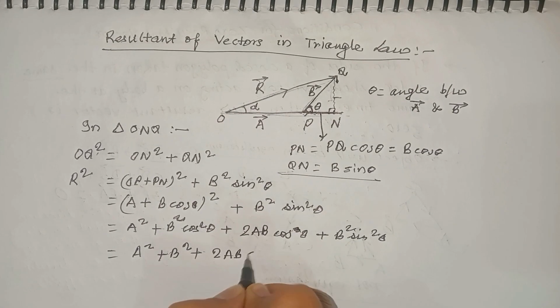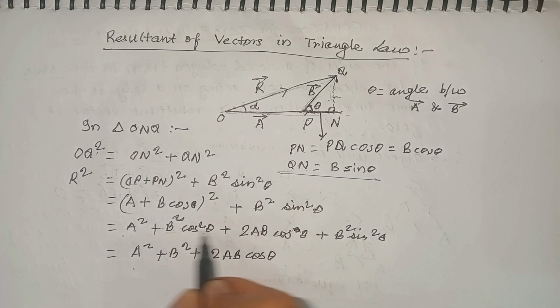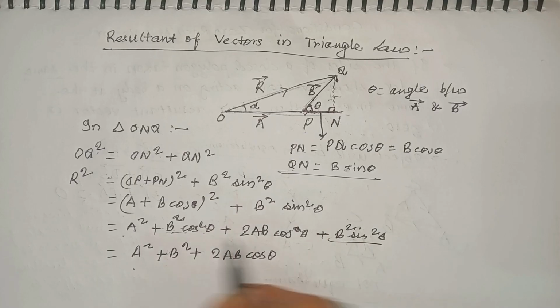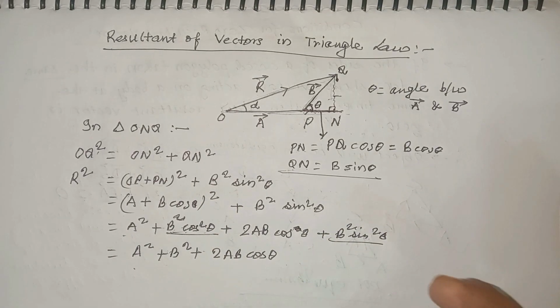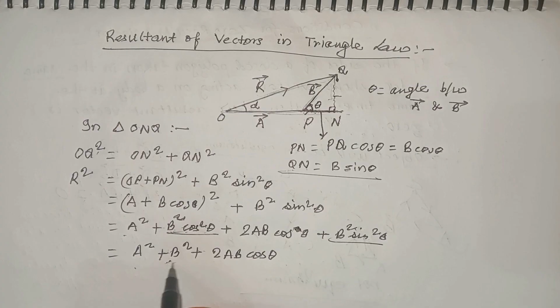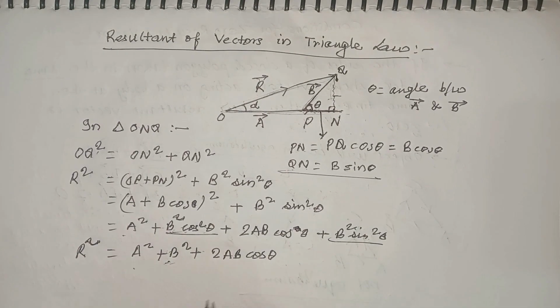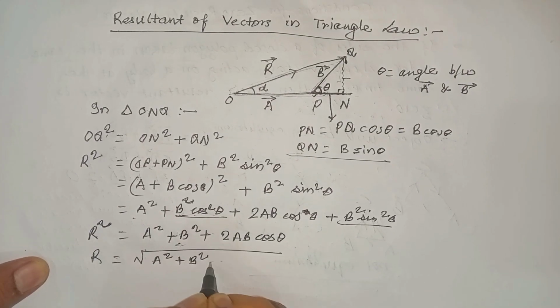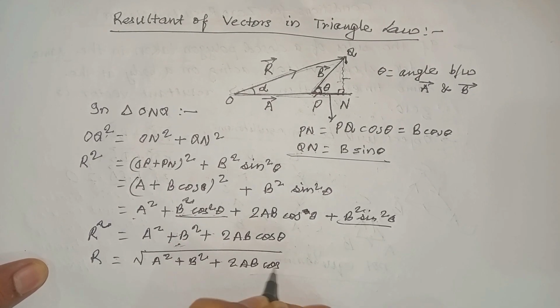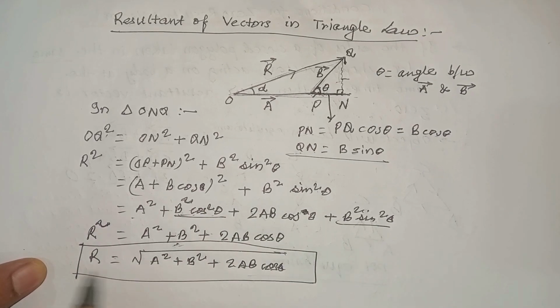The 2AB cos theta remains. The B square terms take B square as common, and cos square theta plus sin square theta equals 1, so only B square remains. So R square equals this, and the value of R will be the square root of A square plus B square plus 2AB cos theta. This will come as the resultant.